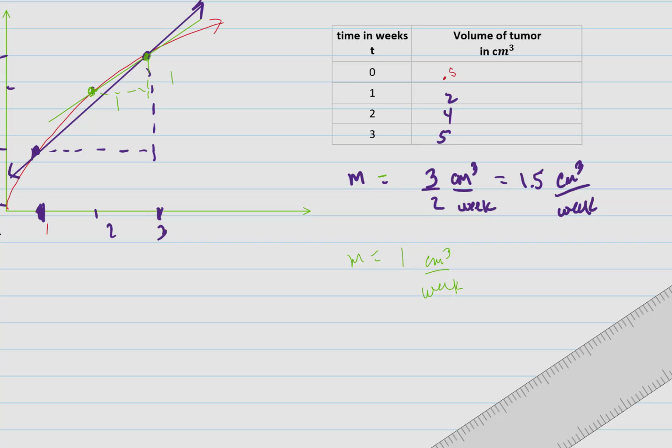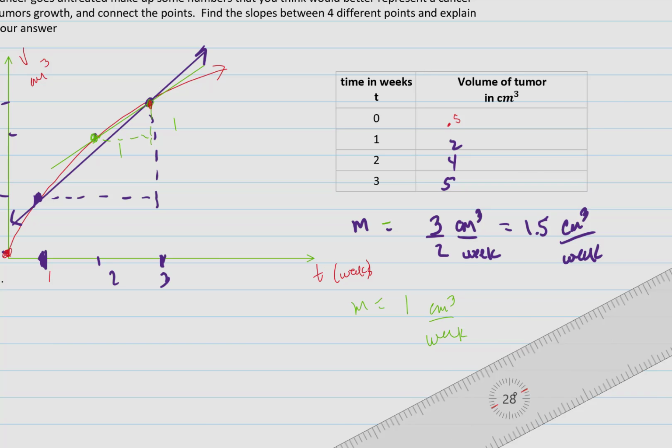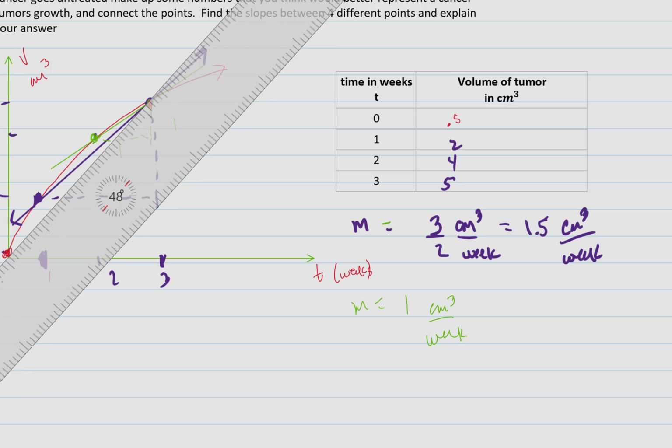And similarly, I can do this with other points. I can maybe pick one more, maybe in red. Say I pick the initial value of the size of the tumor, 0.5. This is the volume in cubic centimeters, and this is your time in weeks. If I pick the first initial point, 0.5, and then this point here again, let's look at the first and last points and compute those slopes.